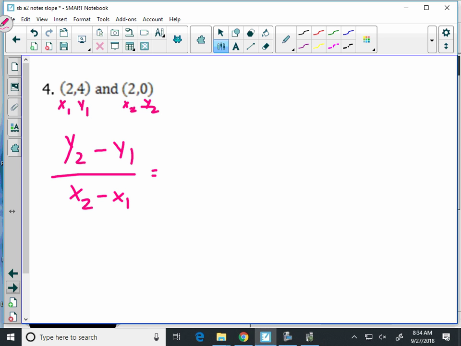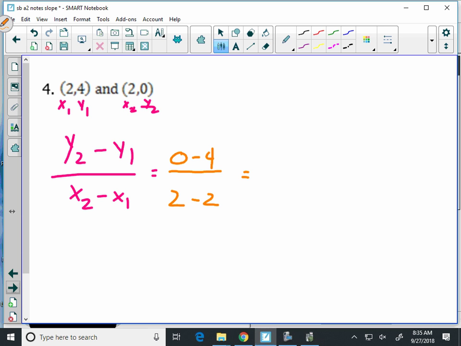We plug those values in. Bree, what's the top of our fraction going to look like? What did you say? Good. 0 minus 4. What's the bottom of our fraction going to look like? 2 minus 2.